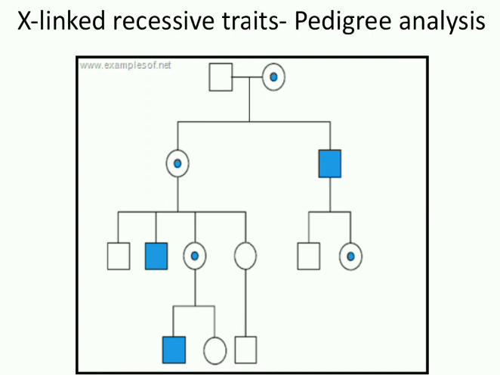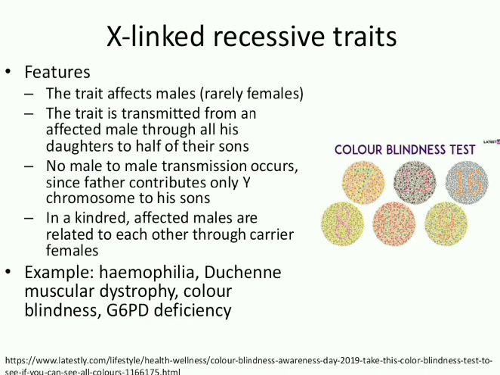So the third generation affected male is having an affected uncle. That means this affected male in the third generation is related to the second generation through a carrier female. Now, these are the features. So the disease affects mainly males, rarely females. Females can be affected in certain cases that we'll know later.